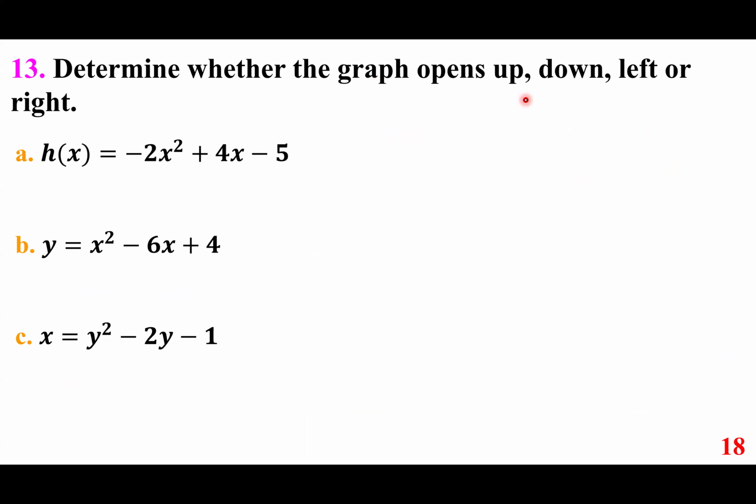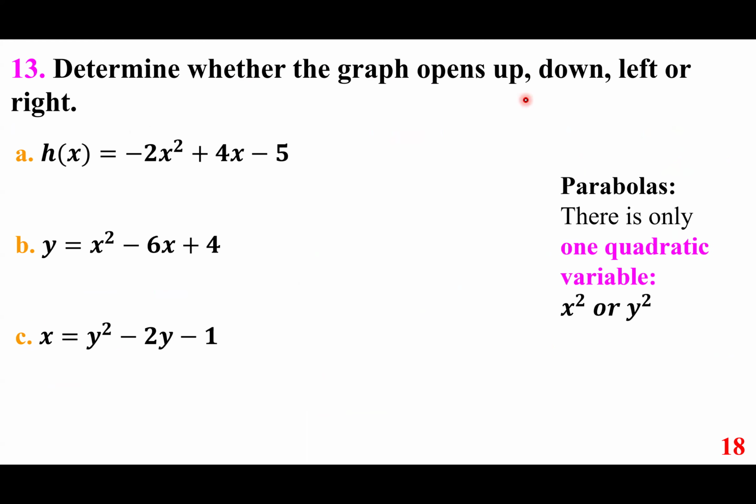Determine whether the graph opens up, down, left, or right. We are dealing with parabolas. Parabolas, there is only one quadratic variable, either x squared or y squared, not both. This one clearly opens down because a is negative.